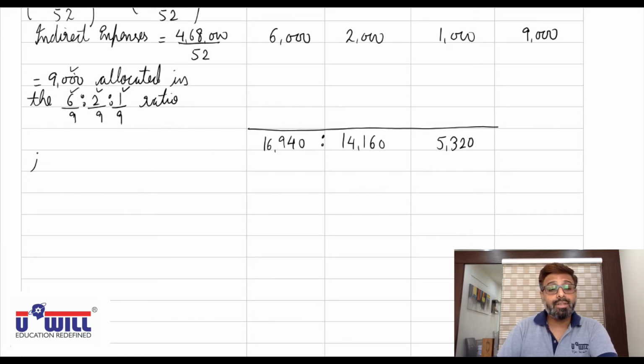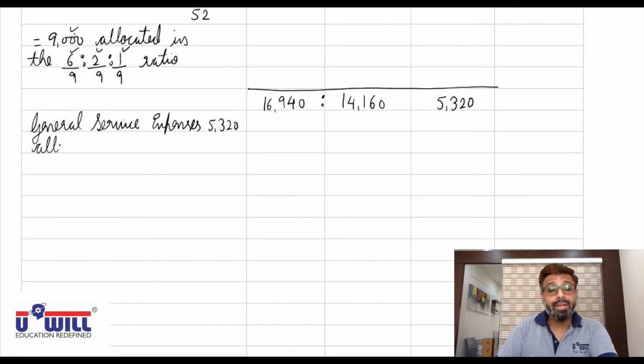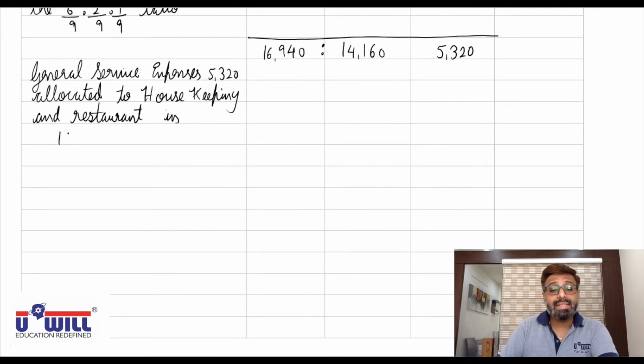So here we will write general service expenses, that is 5320, allocated to housekeeping and restaurant in what ratio? 16940 is to 14160.